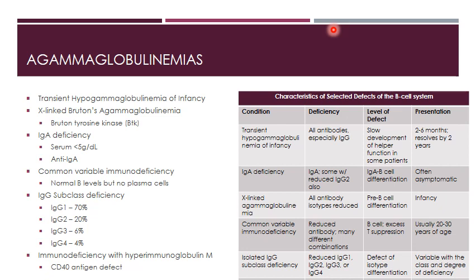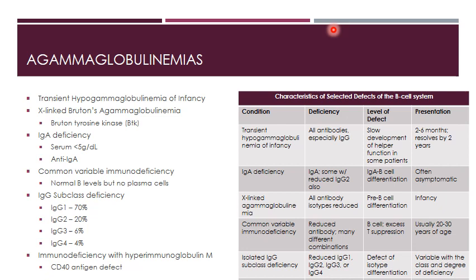Okay, the next one is common variable immunodeficiency. This is actually not just one disorder. Common variable means it's a group of disorders, and the whole group has a prevalence of about 1 in 25,000. Okay, that's pretty rare, but it is still the most common immune deficiency that has a severe clinical presentation.